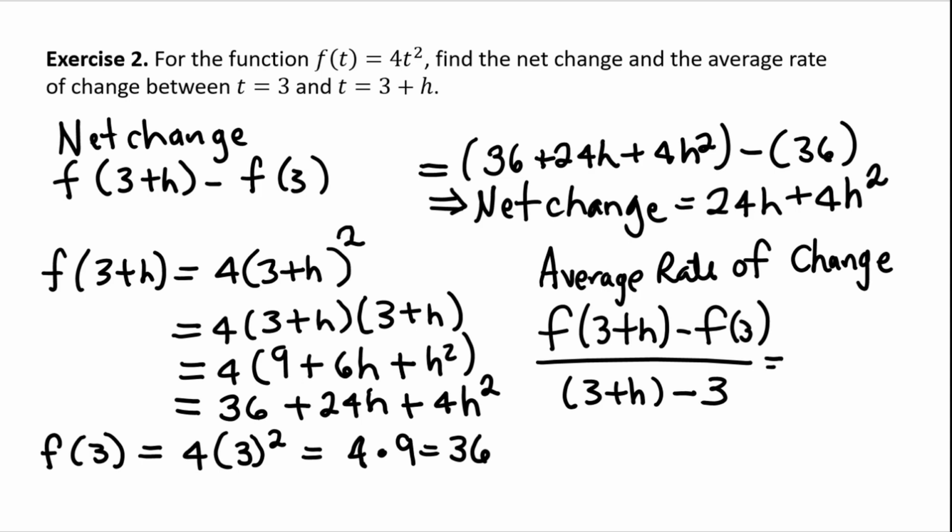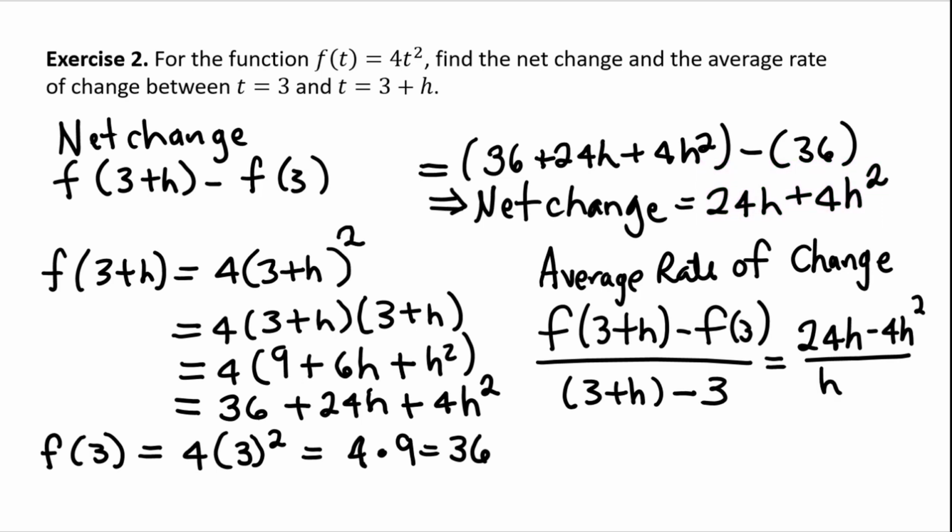Okay. Guess what? We've already got the numerator term. That turns out to be the net change. And so the net change is 24h plus 4h squared. And in the denominator, we have 3 plus h minus 3, which is h.